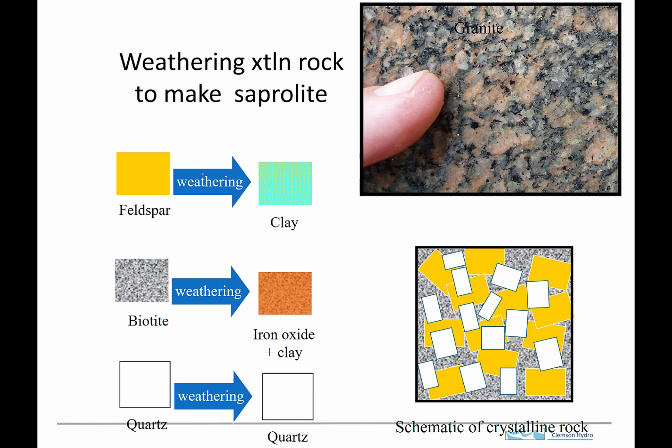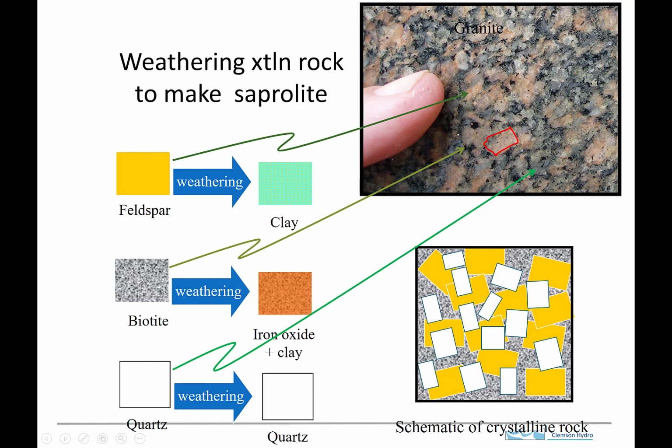If we start with crystalline material, like I show in the upper right, this is a granite, and it consists of these pink minerals that are feldspars, and the black minerals, which are biotite, and then the gray minerals, which are quartz.